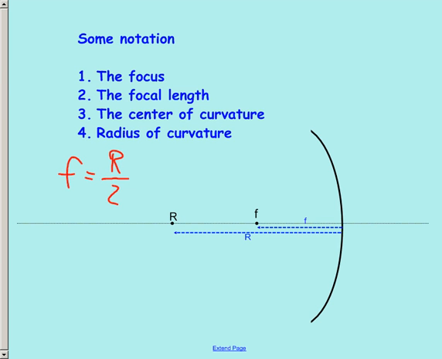Okay? Our mirrors will be spherical. Or if they say it's a concave mirror, or a convex mirror for that matter as well, we'll get to that in the next lecture. But here's the rule. Focal length equals R over 2. Now, that's on your equation sheet for the AP test, so you don't need to remember that.